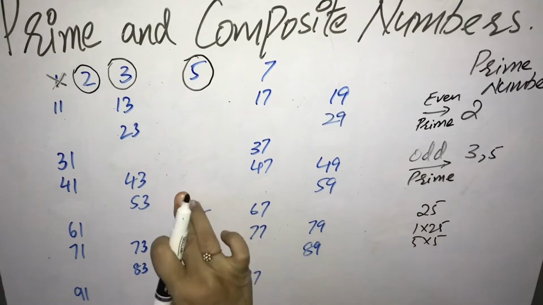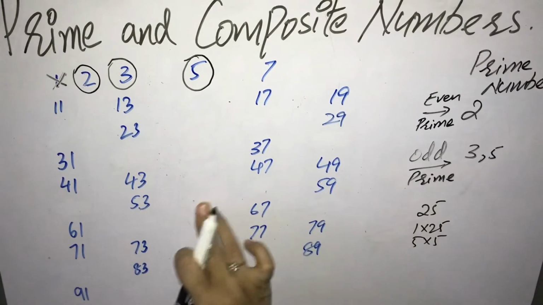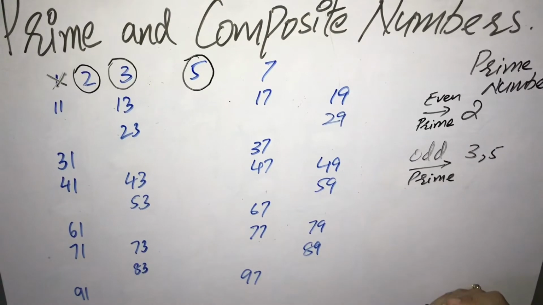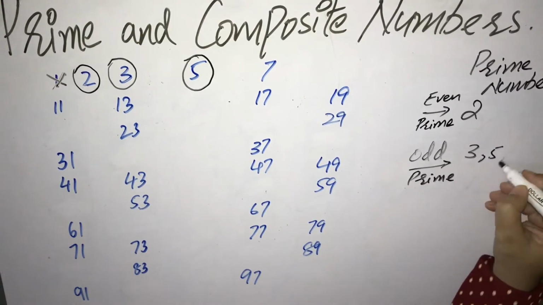Now I erase 55, 60, 65, 70 and so on. After erasing the multiples of 2, 3 and 5, you can see our number list is becoming less and less.